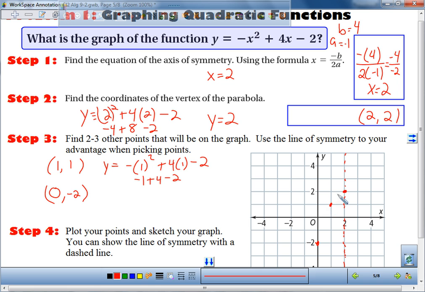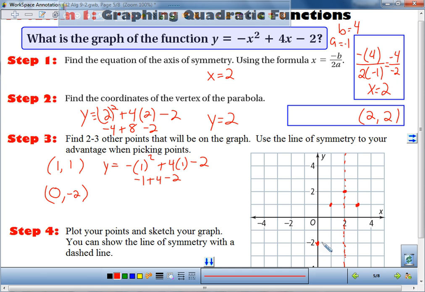Now, because in a parabola everything is exactly the same on the left side as it is on the right side, I can just mirror this point exactly across my axis of symmetry. It's 1 away from the axis of symmetry, so I go 1 away from the axis of symmetry on the other side, and that is going to be a point.